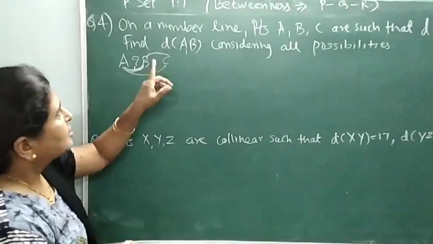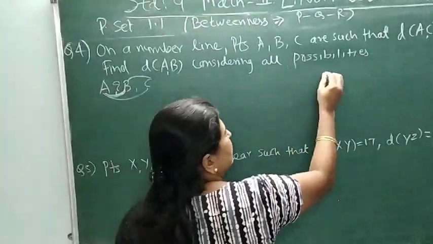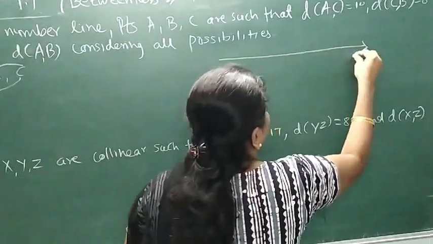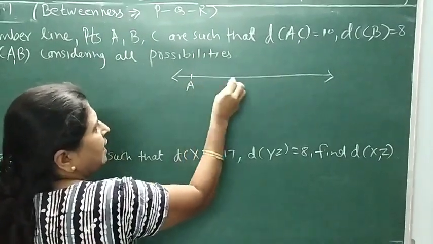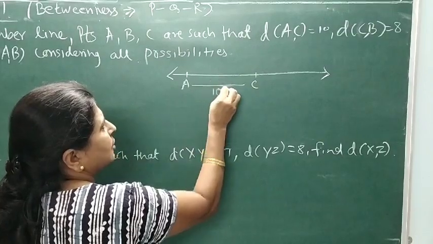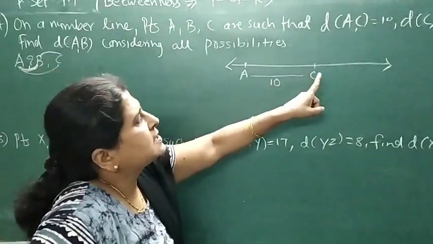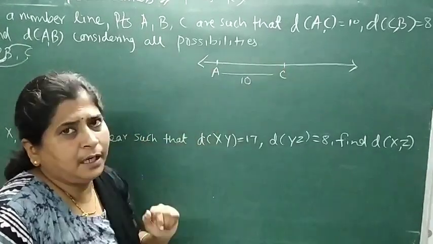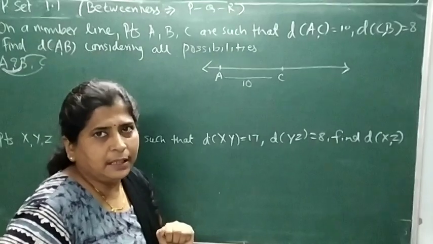Let's see. So from this information, let's draw a rough figure. First, suppose this is a number line and AC is 10. Say AC, this distance we have say 10 units. Okay. Now what is the another information we have with us? That distance from C and B is 8. Now it is not given where B exactly lies.